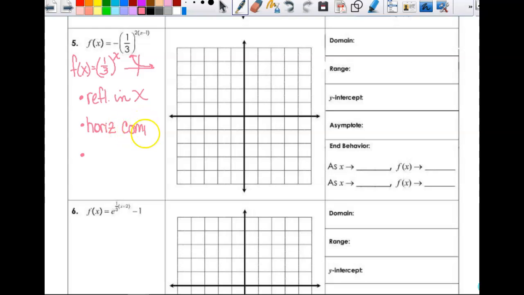Compression, good, by 1/2. And then the 1 means to the right one. Good. All right, so I don't have any shifts up or down, right? Which means my asymptote is right here. So you try and get that graph in there.